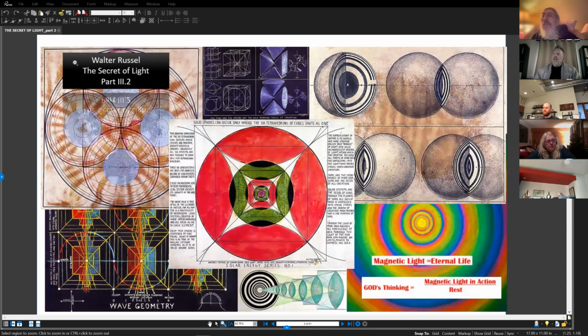As I talked about earlier, we're in Walter Russell, The Secret of Light, Part 3. I say Part 3.2 because this is the second one in the Part 3 series. On this diagram, which will be the thumbnail cover for the video, I brought in a lot of his artwork, and this all comes from the philosophy.org website.